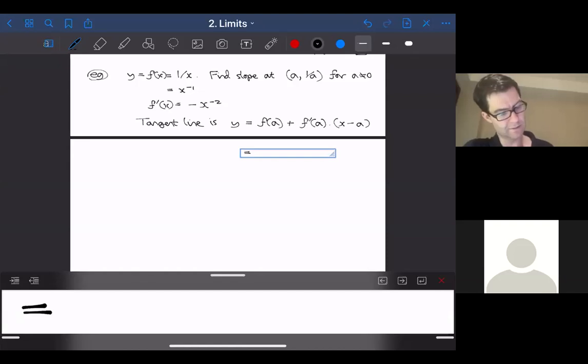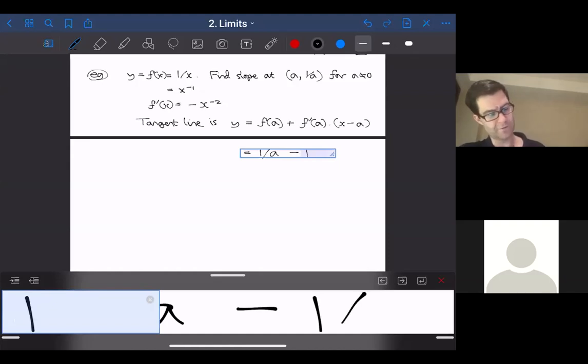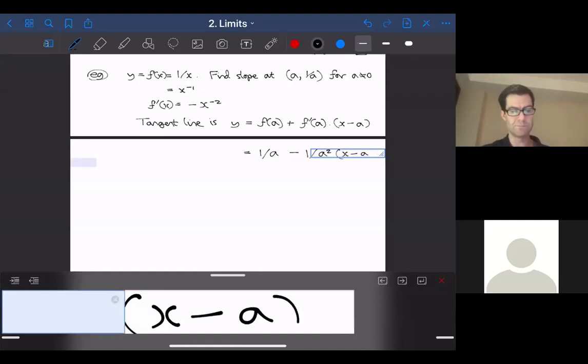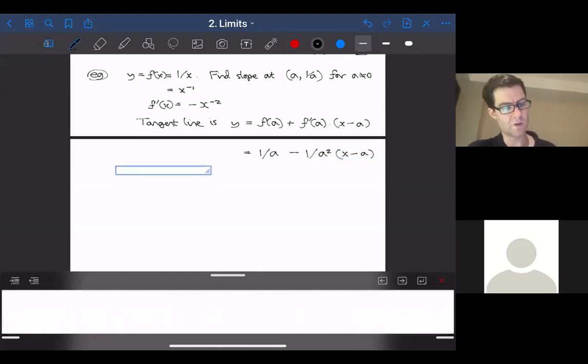So this is the answer. f of a is 1 over a, and f prime a is minus 1 over a squared. So y equals 1 over a minus 1 over a squared times x minus a.